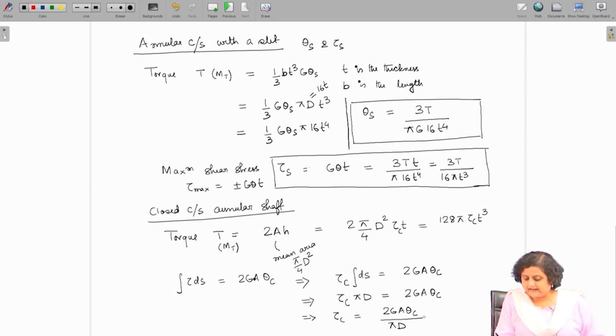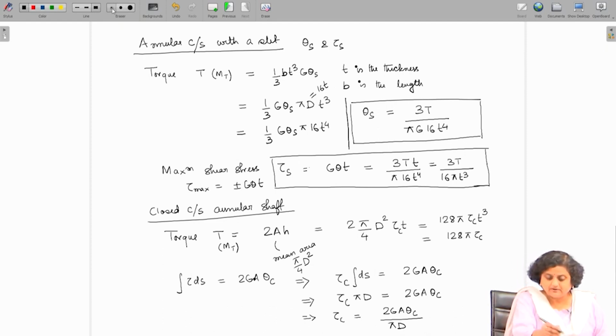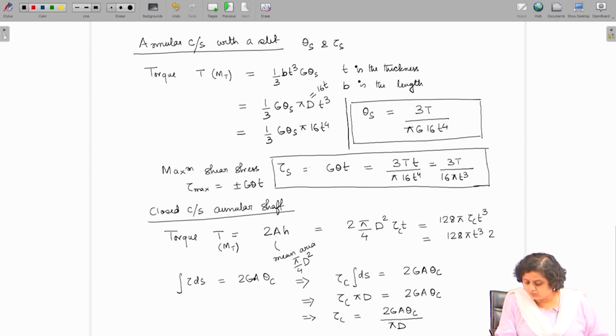So, this can be substituted here and we can obtain this as 128 pi tau c t cube. In place of tau c, we will write this expression, 2GA theta c by pi into d.